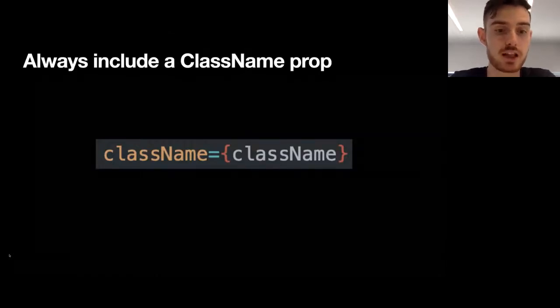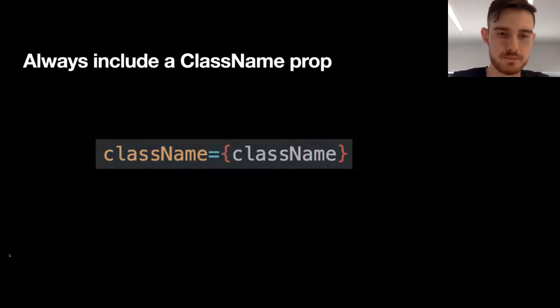Or if they're using, say, Emotion or styled components or another library that's similar to those, this allows them to override. So the way Emotion works is it will take preference from styles generated and pass through this way. So this always allows us to have that open door for our teams to be able to work with our components without always having to follow exactly our styling. They can add a margin or change a color of something if they need to.